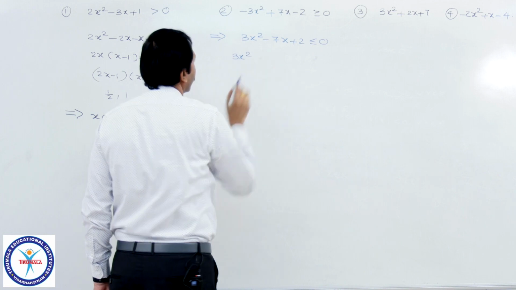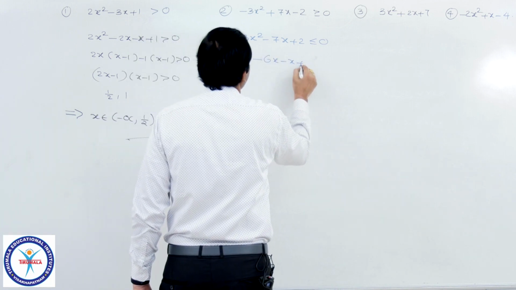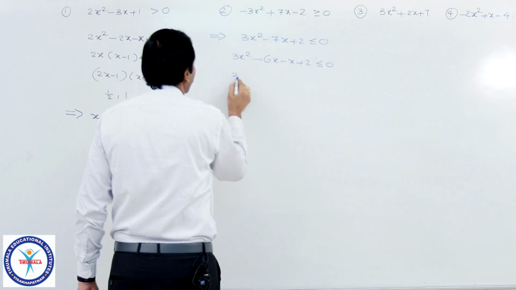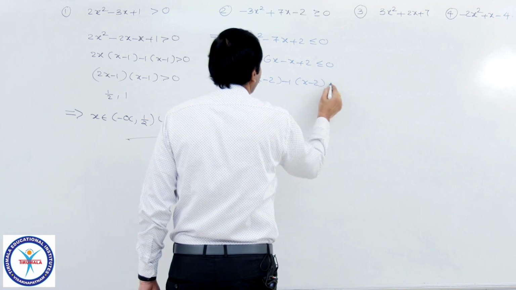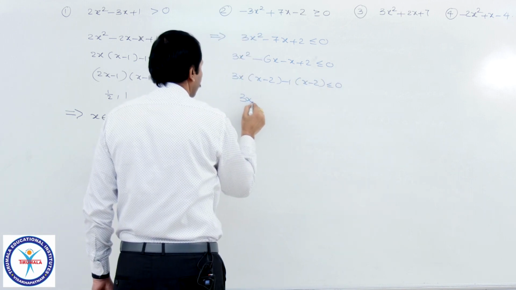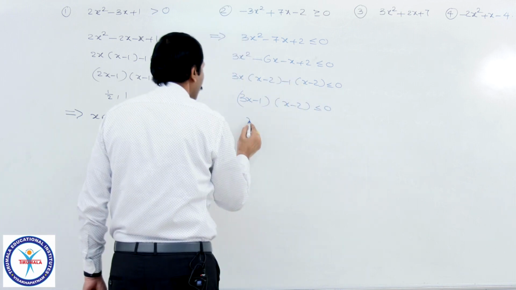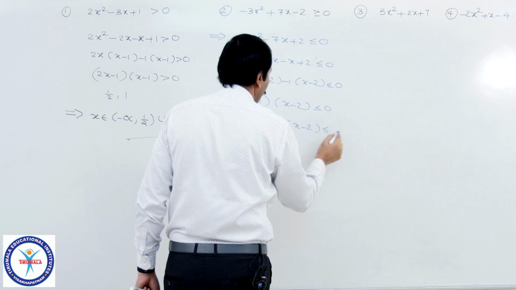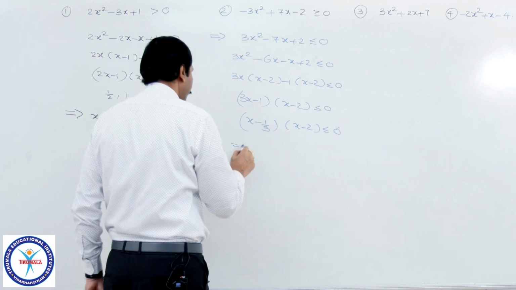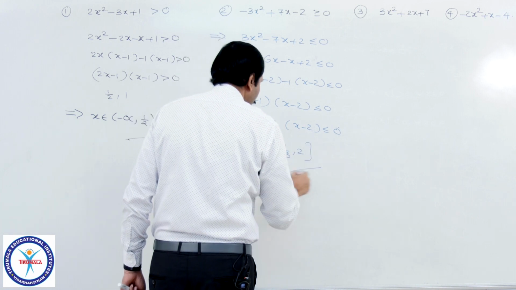Write factors: 3x square minus 6x minus x plus 2 less than or equal to 0, or 3x into x minus 2 minus 1 into x minus 2 less than or equal to 0, or 3x minus 1 into x minus 2 less than or equal to 0, or x minus 1 by 3, x minus 2 less than or equal to 0. These are the roots, which implies x belongs to closed 1 by 3 comma 2 will be the answer.